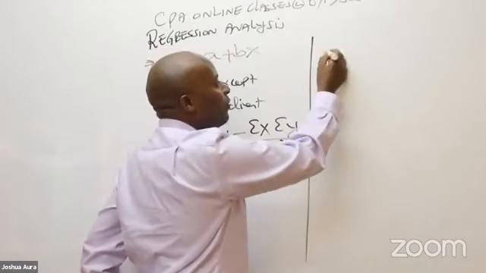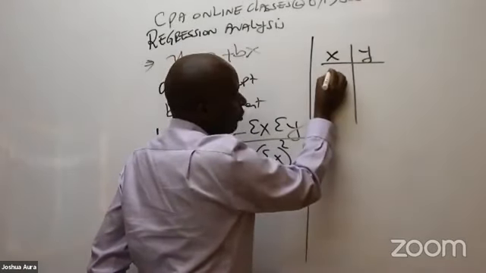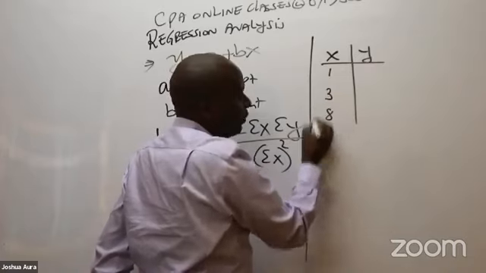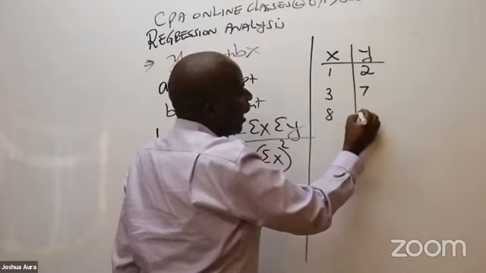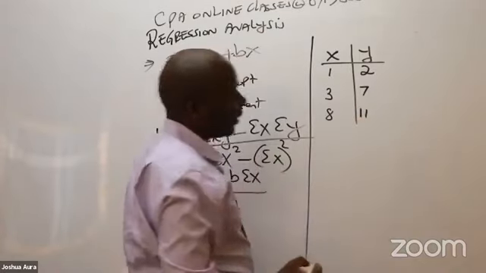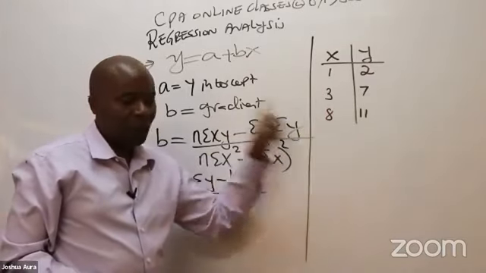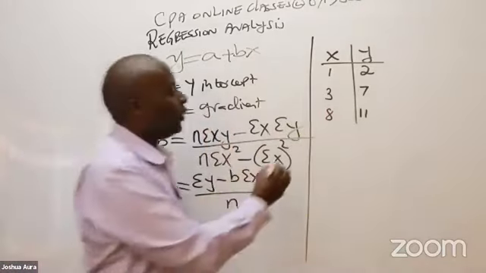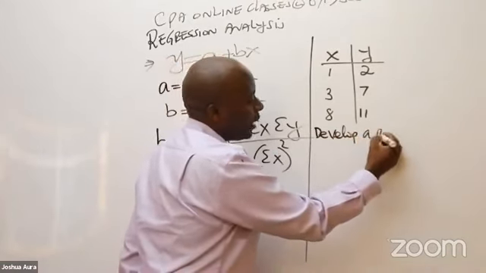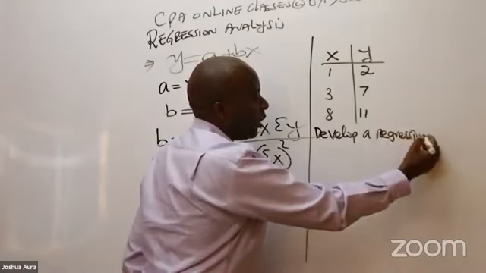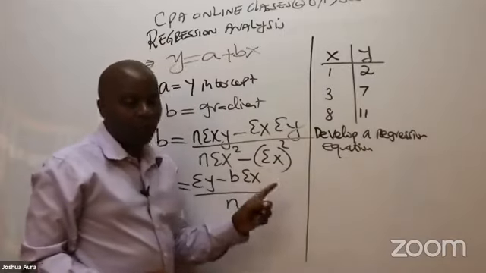Assuming you are given x and y, with values of x, for example, 1, 3, and 8, and values of y, perhaps 2, 7, and 11. So n here is 3, three points. And we are required to develop a regression equation.